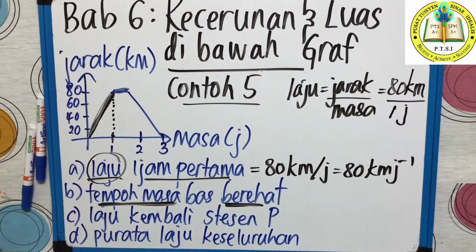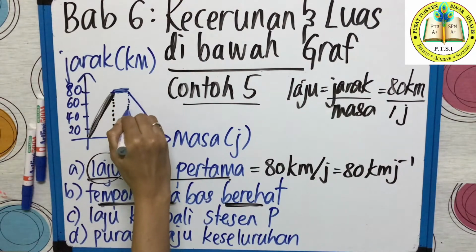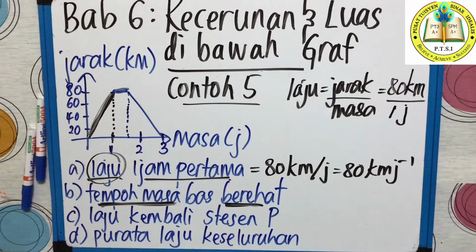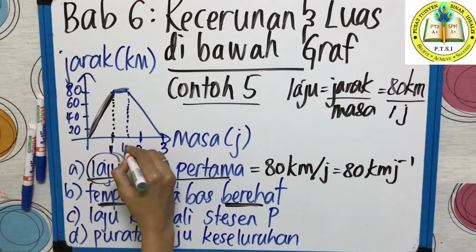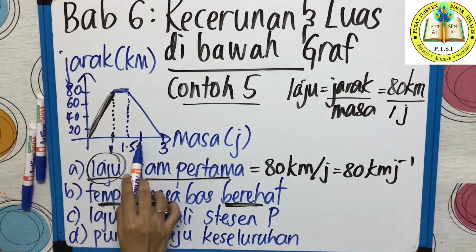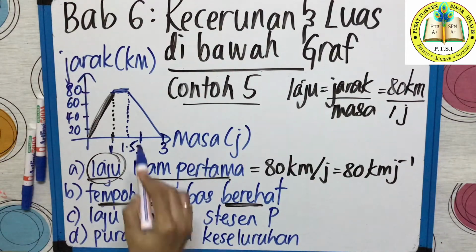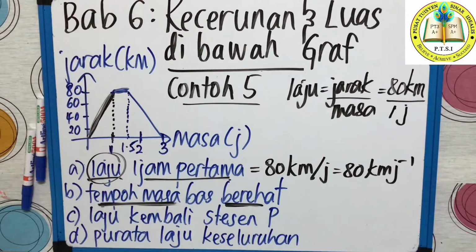So berapa lama tempoh masa? You see, look properly. Here is 1 and here. If you see your graph properly, they didn't give you a number, but the number will be 1.5, isn't it? Because 1 here, 2 here. So the center will be 1.5. Don't put 2. Look at the line properly. 1.5.